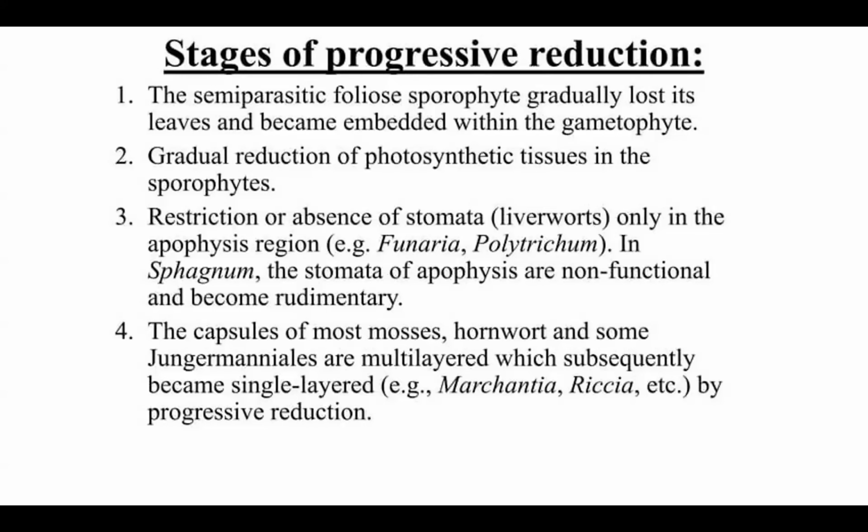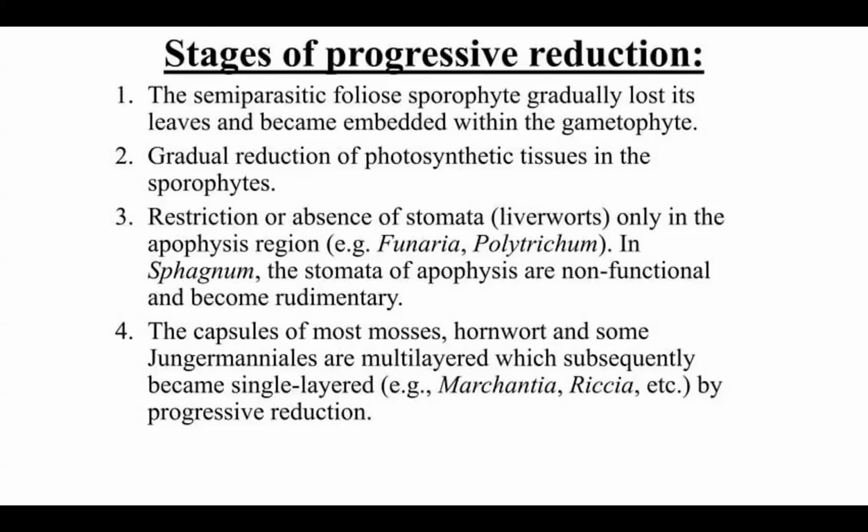The simple single-layered capsule wall, the jacket layer, which is present in Marchantia and Riccia, is the advanced type, formed due to the progressive reduction of the layers. So this is progressive reduction.